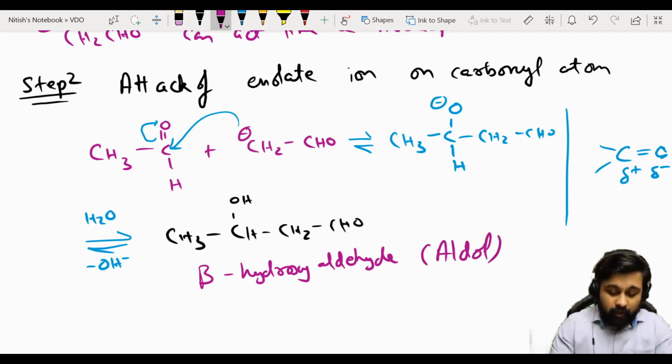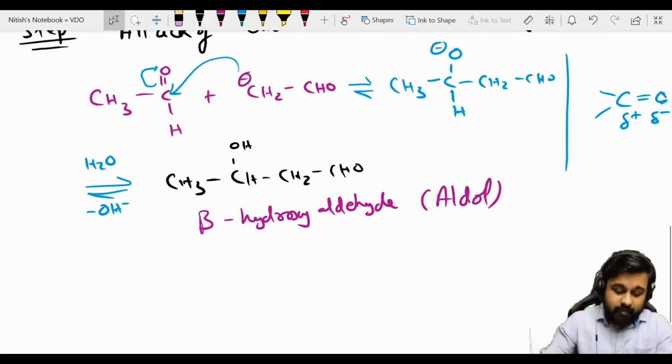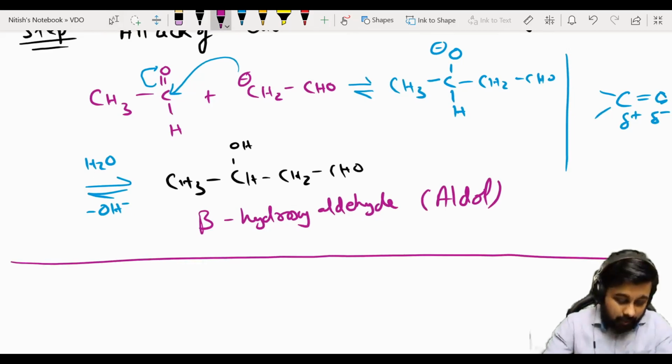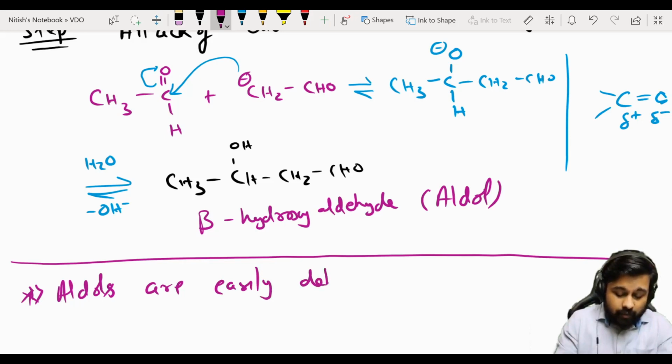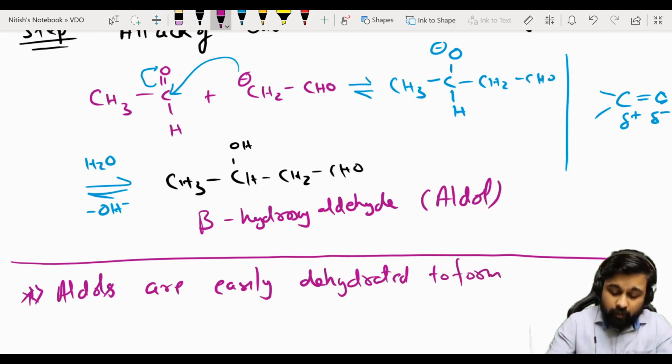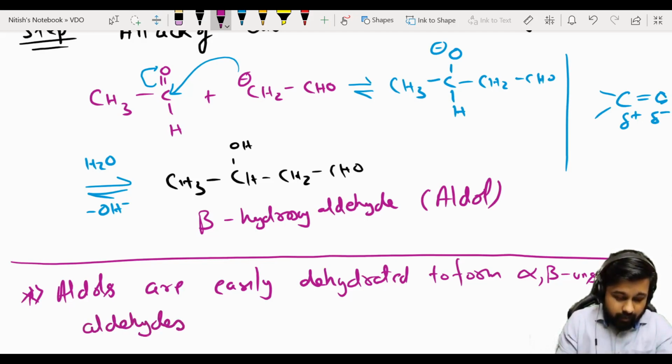This beta hydroxy aldehyde is what we were talking about as aldol. The reaction is complete here. These aldols are easily dehydrated to form alpha beta unsaturated aldehydes.